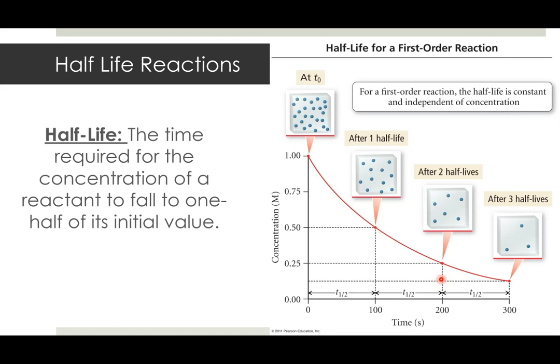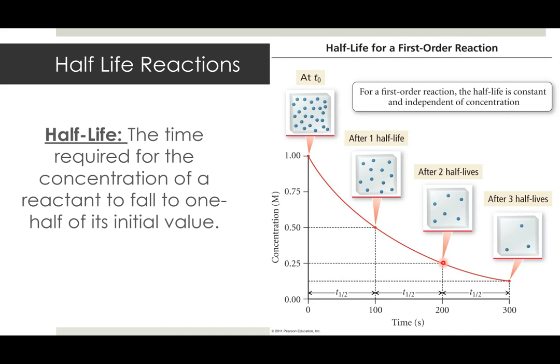And it's not that this drops to 0. What happens now is that half of what was left will disappear. So we've got 0.5 molar. Another half-life goes by. That's going to get cut in half. Now we've got 0.25 molar. Okay.